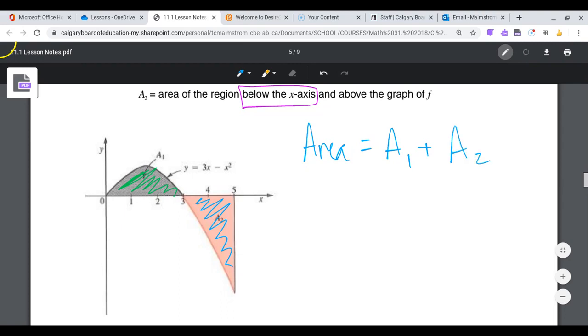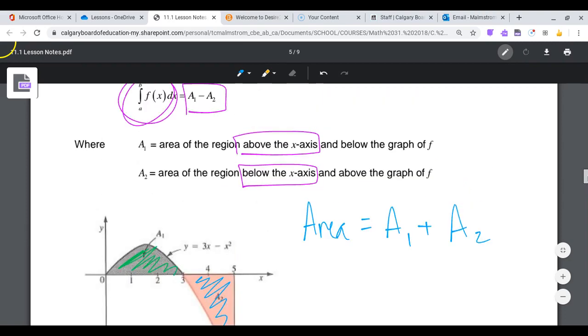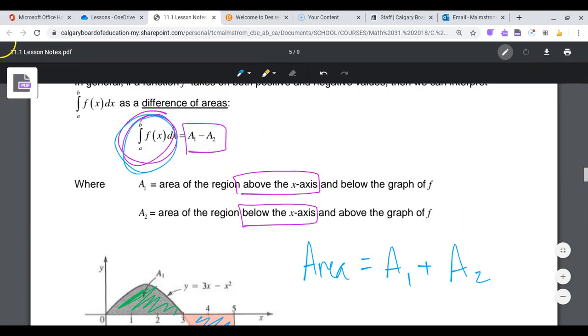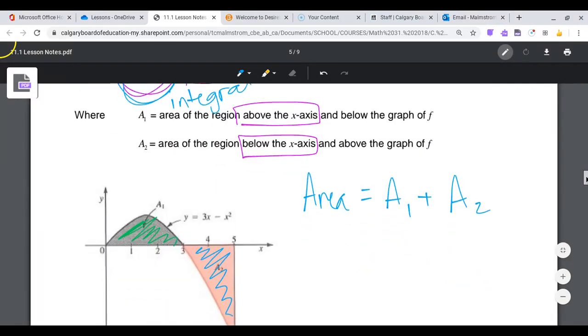That would give me my area. Now I've put these down as areas. But if I'm actually calculating the integral, this is an integral, not area, we're interpreting this as a difference of areas.